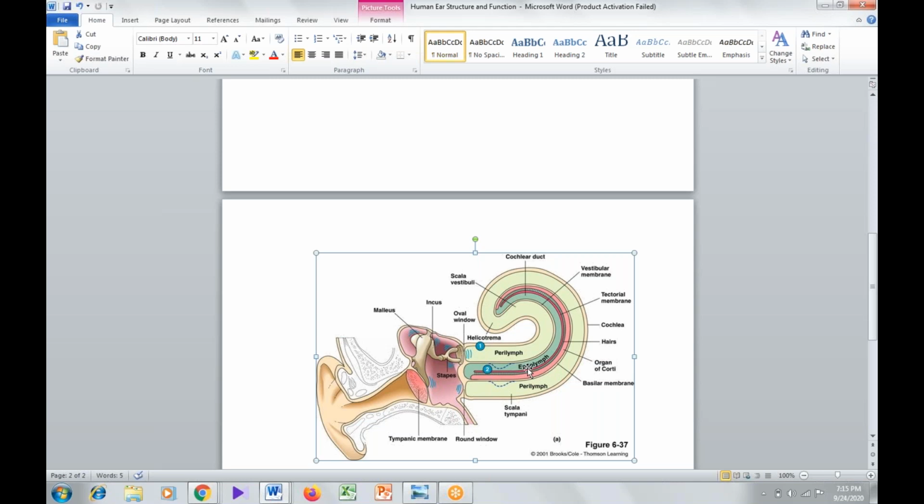Does anyone have anything else? Oh, it's very nice, all the things are clear. In the eye there is the retina; the most important parts of the ear and the eye are always at the back.